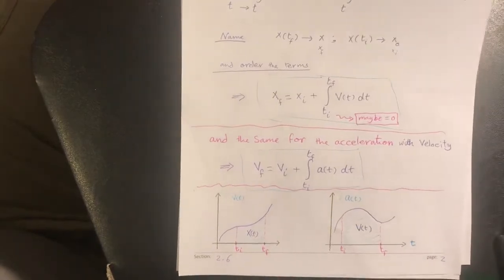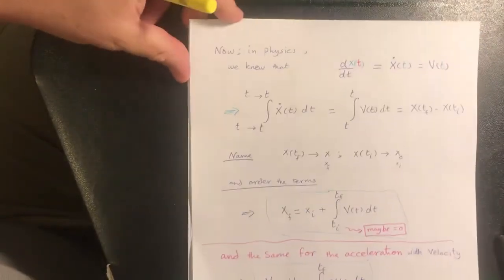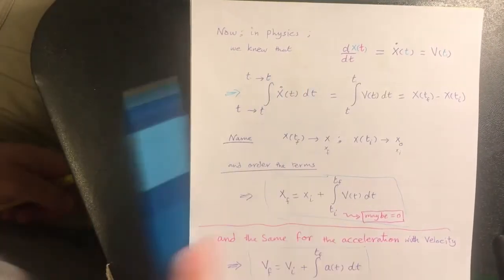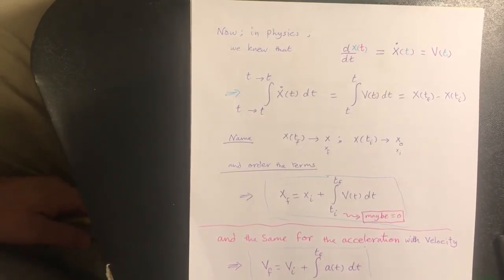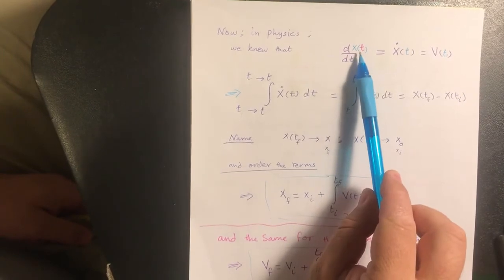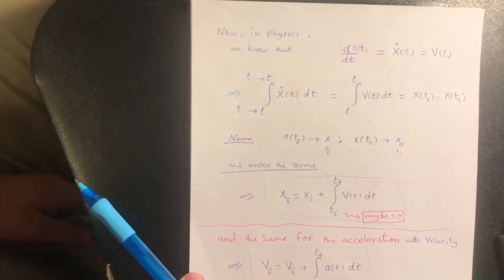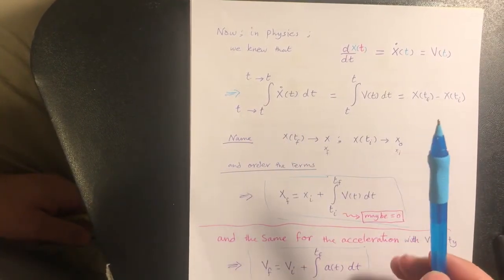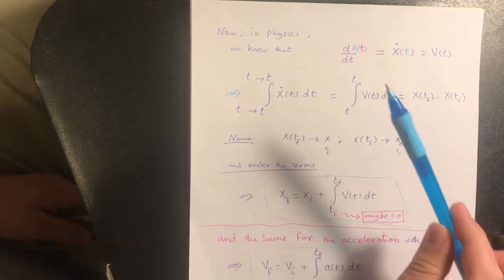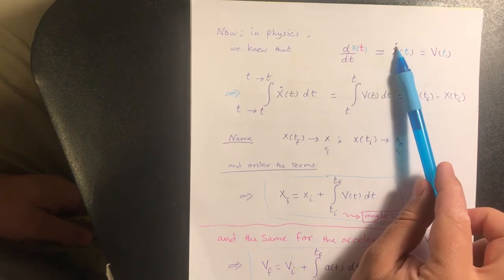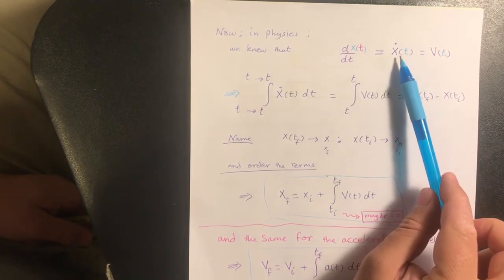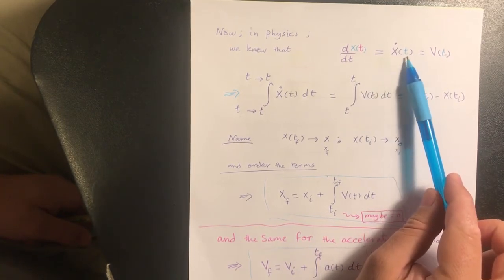Now, again, in physics, we have x as a function of t. If you remember, we have 3 equations of motion. If we derive x with respect to t, it will be x dot, the rate of change of the position with respect to t.